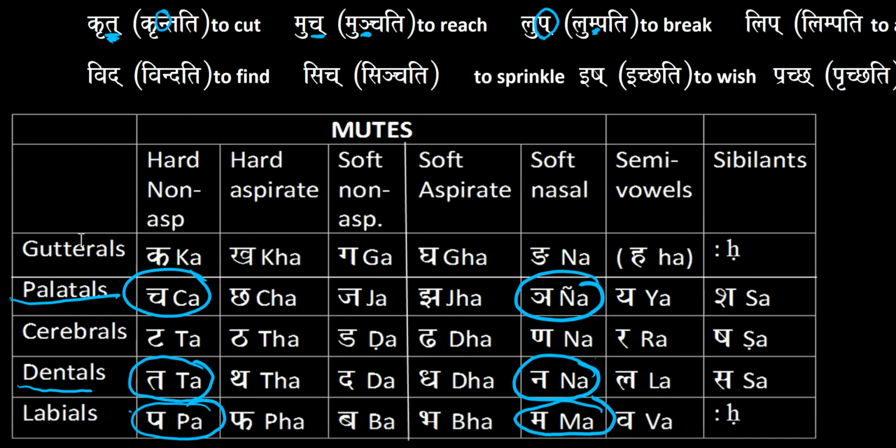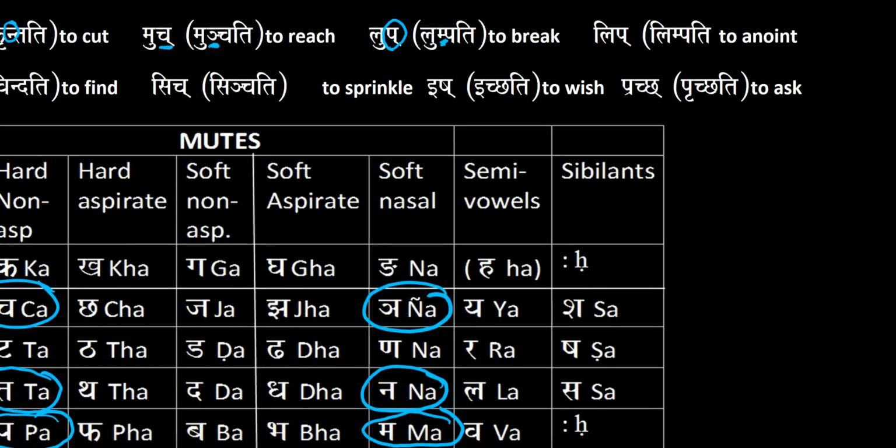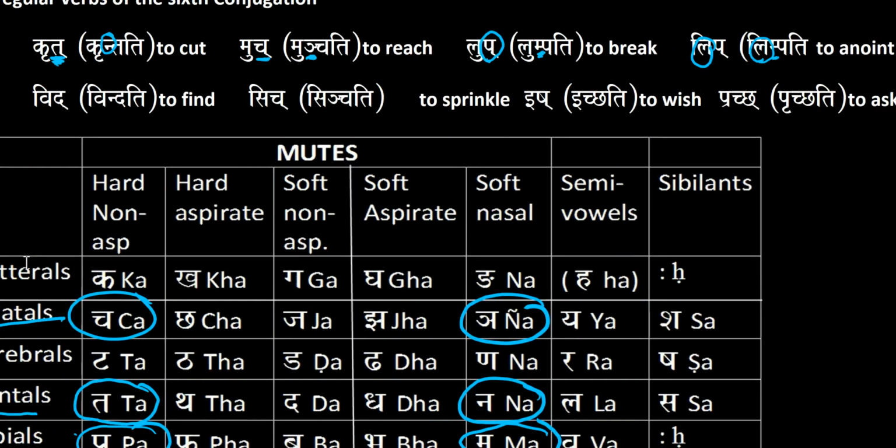It's the nasal in the labial category. Same thing for lip. For the same reason, how you have lup becomes lumpati, lip is also going to become limpati. So pa from the labial, and then you have your ma from the labial.